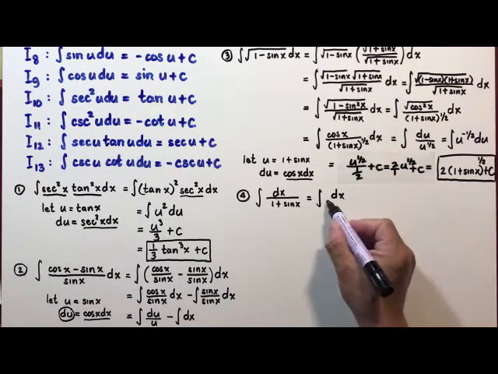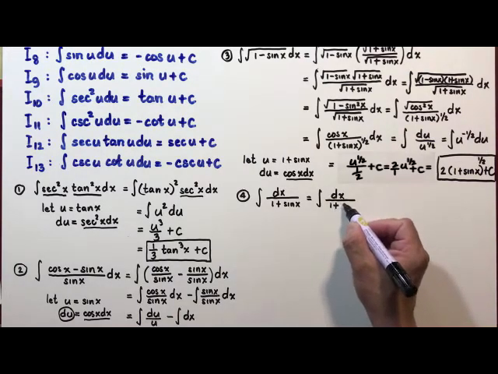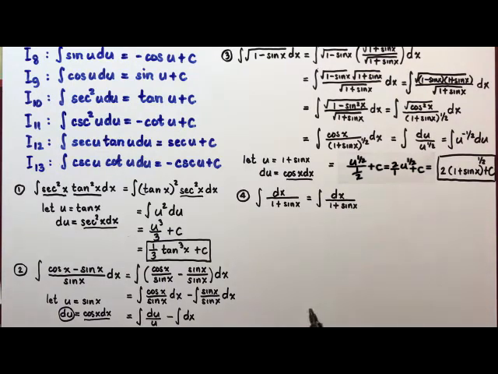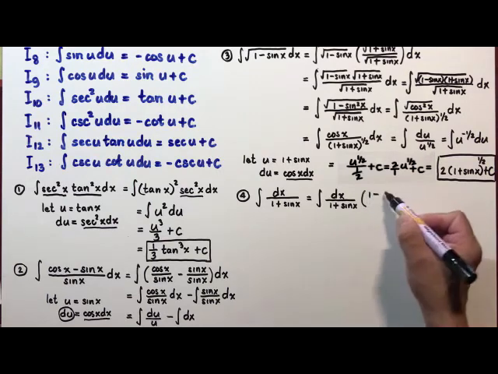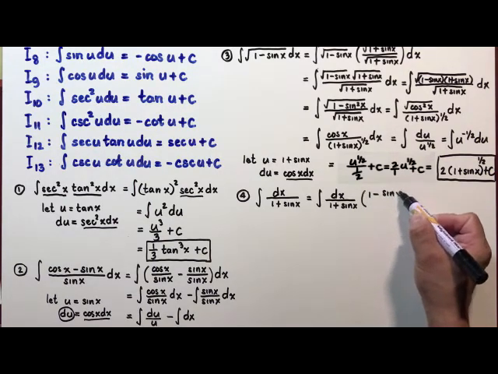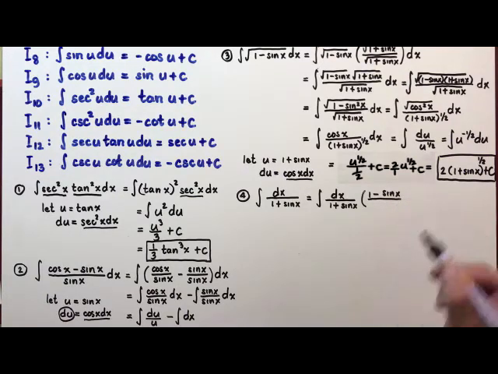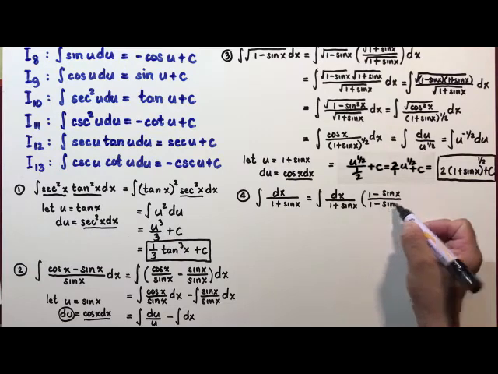If you are an experienced person in calculus, I need to multiply this one by the conjugate of the denominator, which is 1 minus sine x here, so that you will not alter the original integrand. You must make your multiplier as 1.